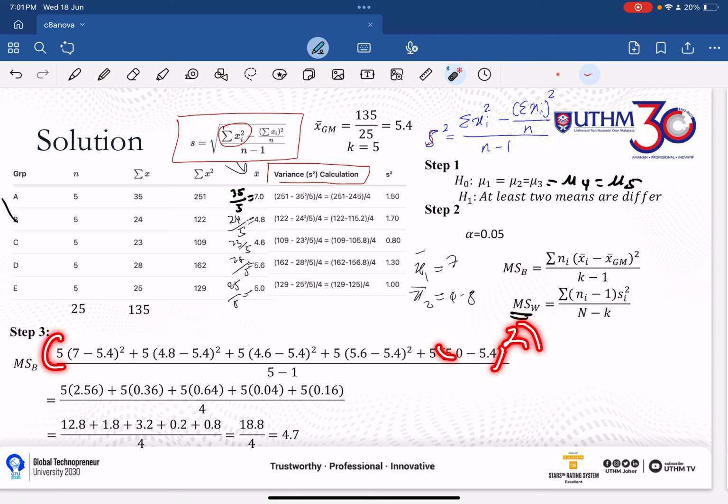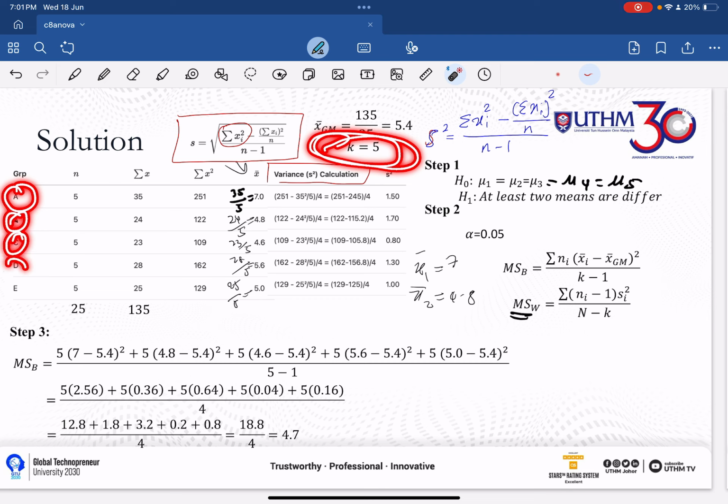So we need to sum up all of this, then we divide by 5 minus 1. Okay, remember, K is the total group number. How many groups? K?